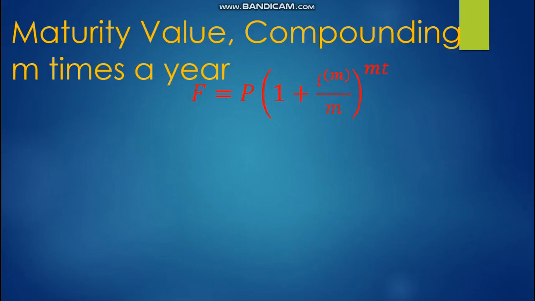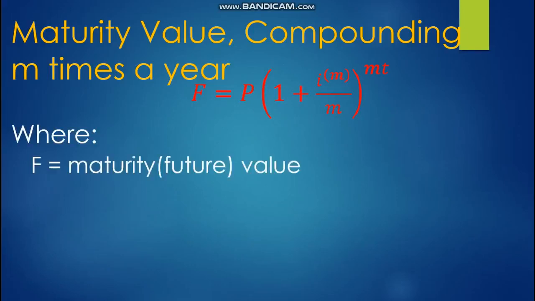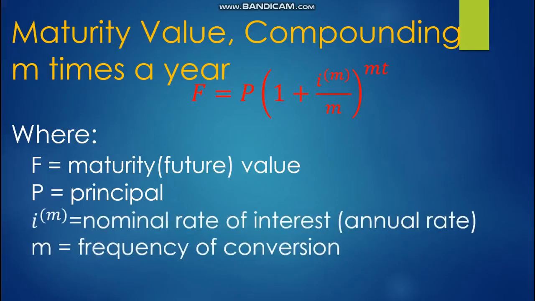Ano-ano ito yung mga variables na to? We have F, the future value of money, P, the principal or the present value of money. We have the nominal rate of interest, also called the annual interest rate. Again, as I've said from the previous video, yung m natin is just a notation that the annual rate of interest consists of the m frequency of conversion.